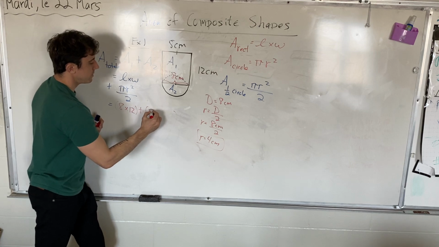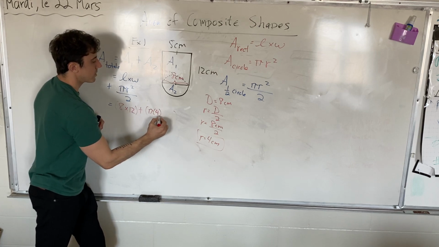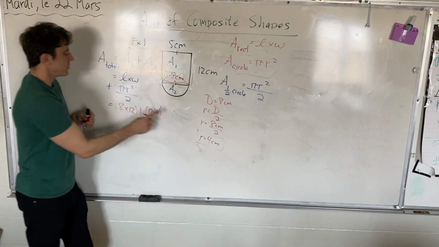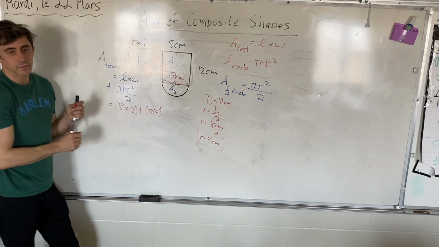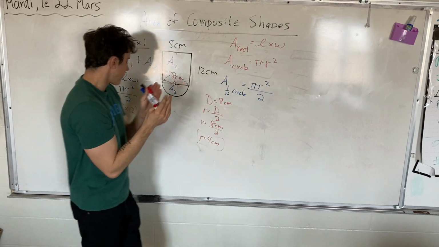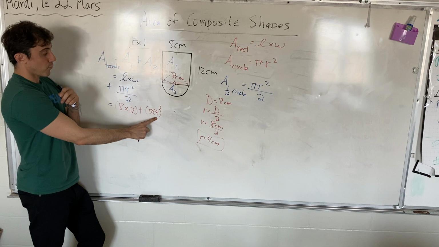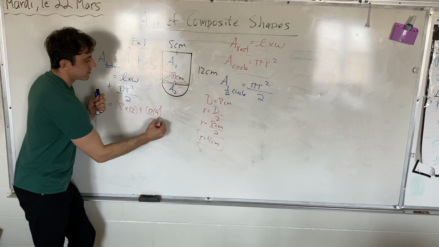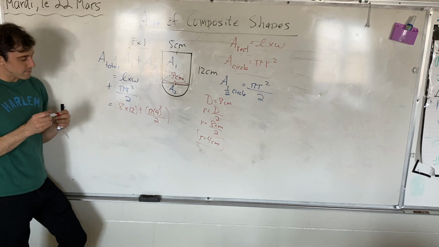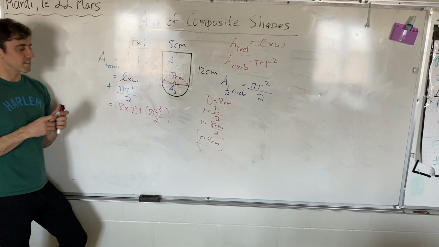So pi times 4 squared. I always plug in the values by putting them into brackets. That just lets me know that I'm plugging the value of a variable inside of an expression, right? So pi times (4) squared divided by 2, okay? We can make the bracket a bit tighter like that. And now we can start calculating.